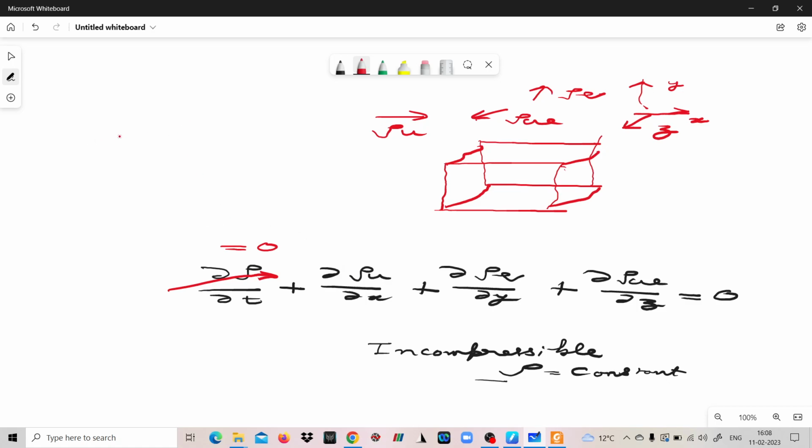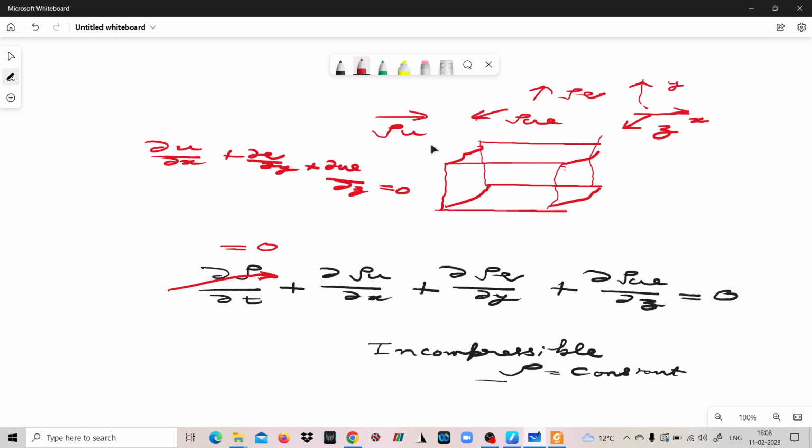The final equation that we get is the continuity equation for incompressible fluid: del u by del x plus del v by del y plus del w by del z is equal to 0. So this is the continuity equation for an incompressible fluid.